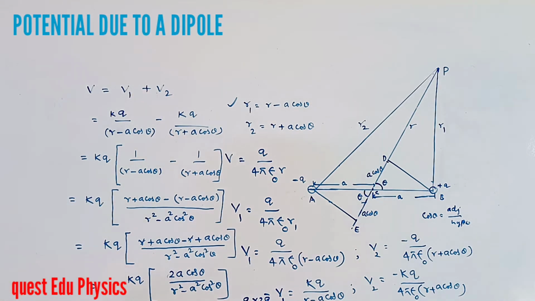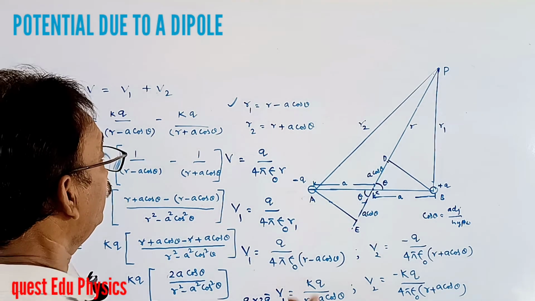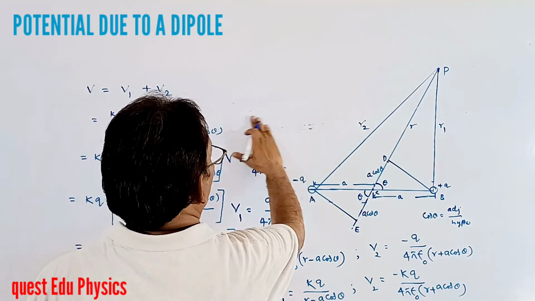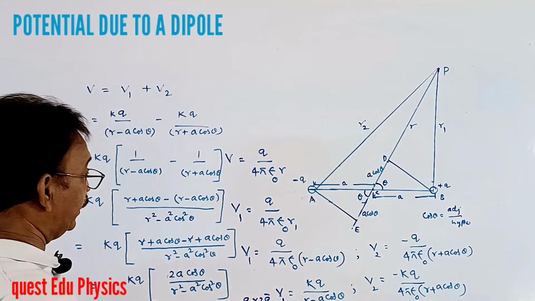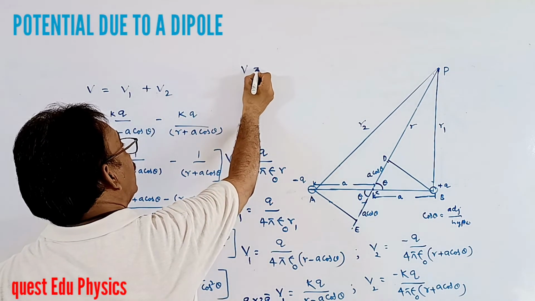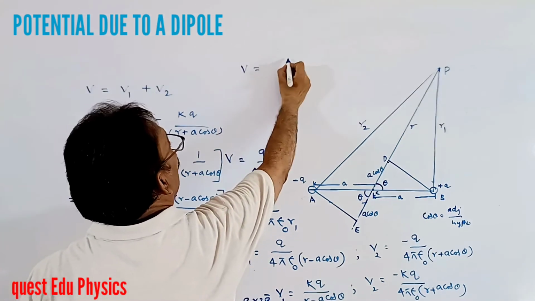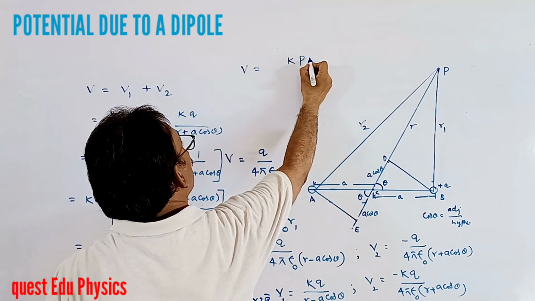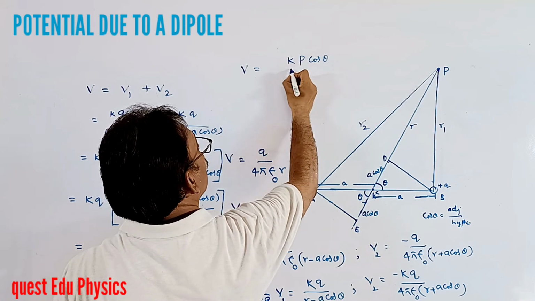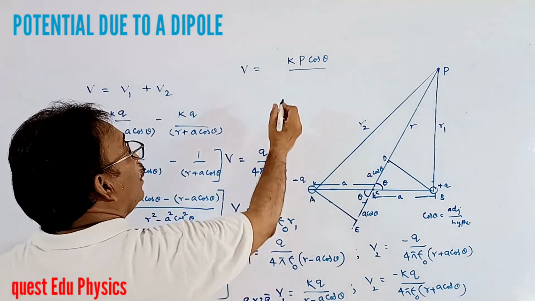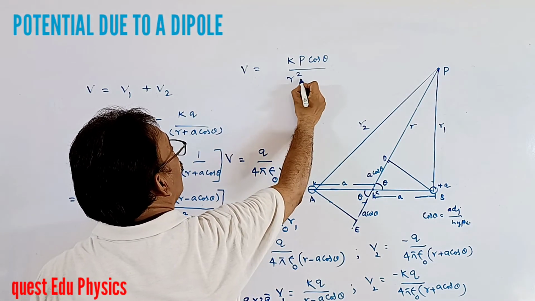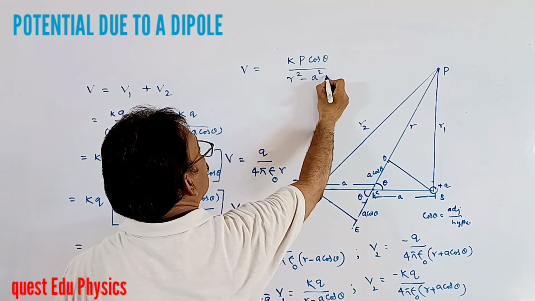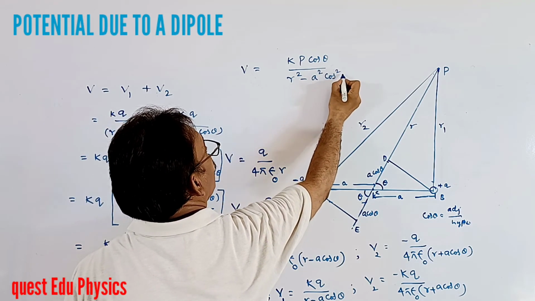Okay, students, here we go with the special cases. Let's say we are going with the special case. We know that the potential V is equal to K P cos theta by R squared minus A squared cos squared theta.